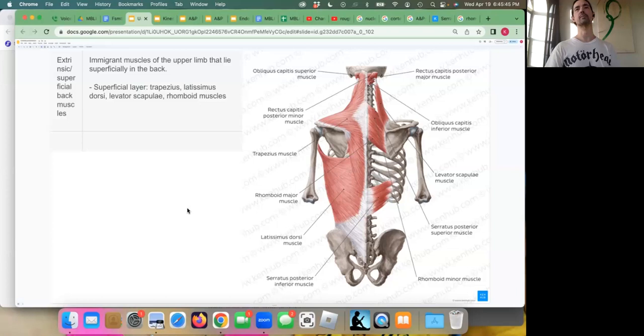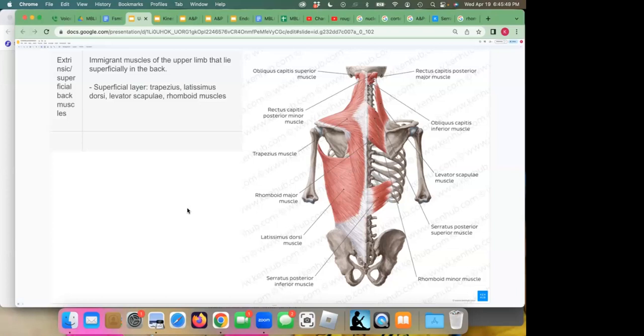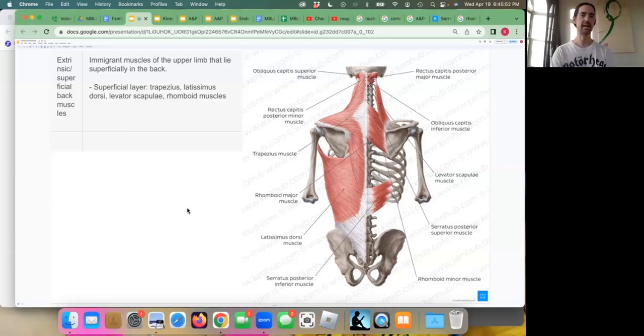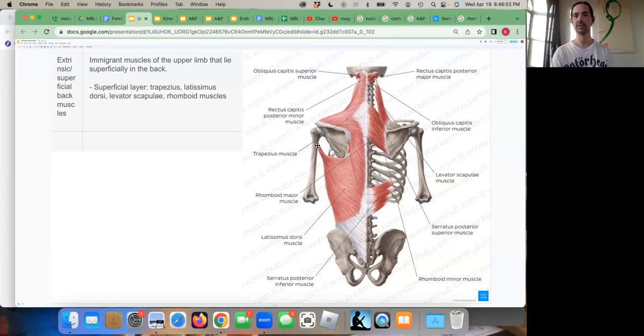It would be the latissimus dorsi. Correct, because it attaches to the medial part, the inside of the humerus. The infraspinatus attaches to the outside of the humerus.